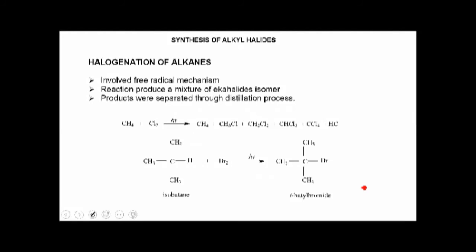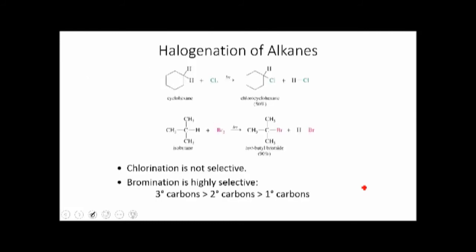Okay, so it's very important for alkyl halide that you understand its synthesis and reactions, because there are plenty of reactions concerning alkyl halides. So firstly, how are you going to make alkyl halide? The easiest way is through the reaction of alkane. This is something that we have looked at. Now, halogenation of alkane.